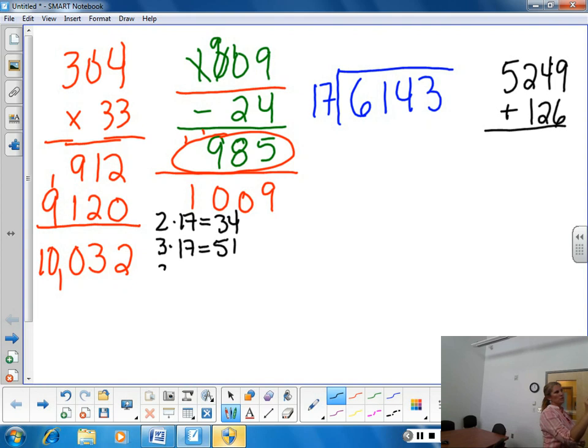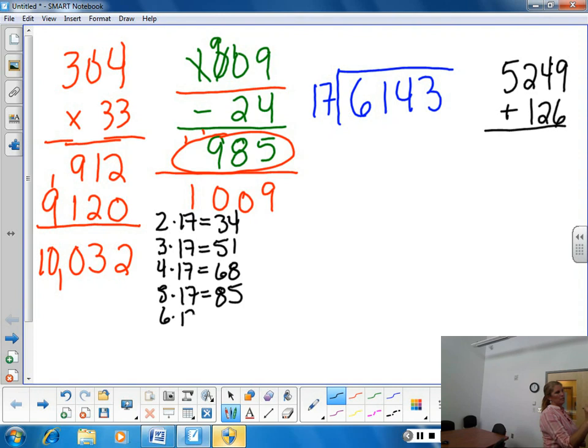You can do the addition off to the side, you don't have to do it in your head. Whoops, I got the wrong thing going on here. What I want to do is do 4 times 17. That's going to be 68. 5 times 17, that's going to be 85.